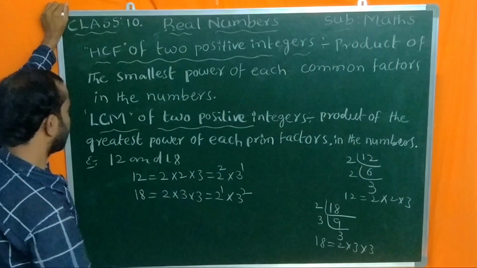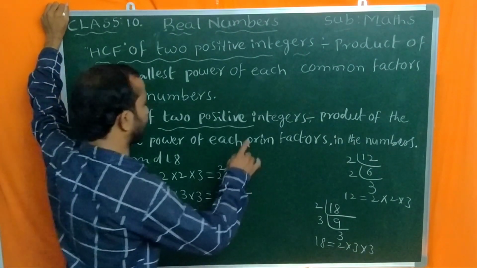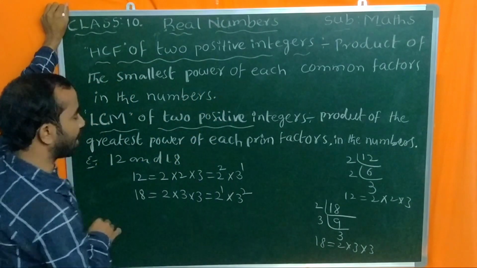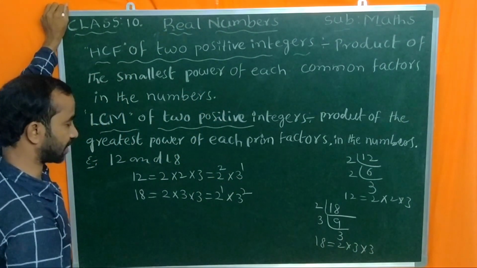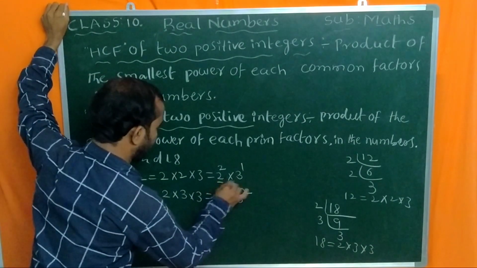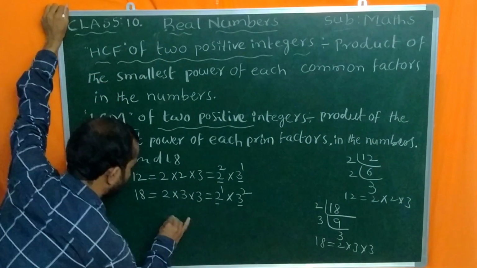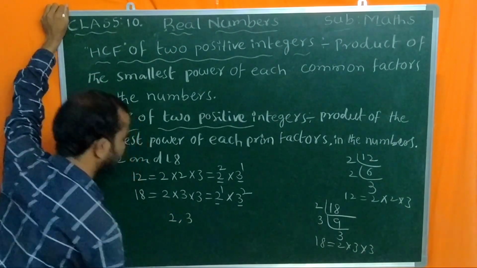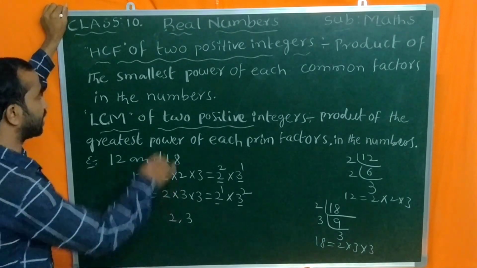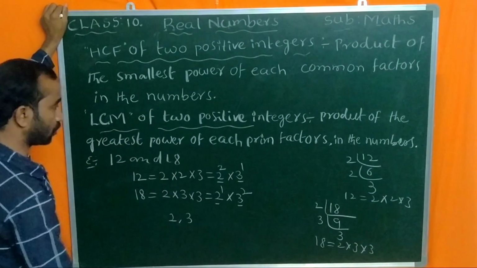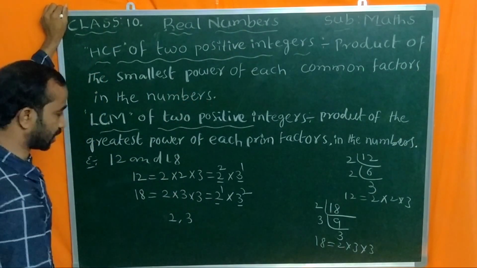Here, HCF means the smallest power of the common prime factors. We have two common factors, 2 and 3. So the HCF of the given two numbers is the smallest power of each common factor.